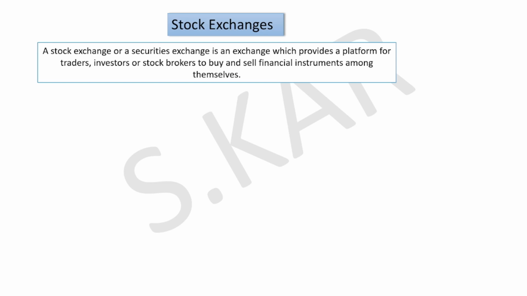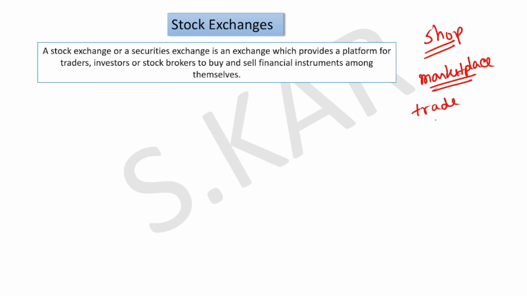Think of stock exchanges as the dukan, what I said earlier, it is the shop. Stock exchanges are like the shop. If I were to emphasize more, it is like a marketplace where you are able to trade.